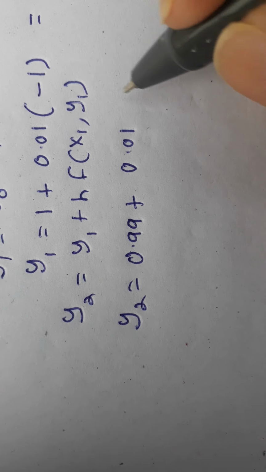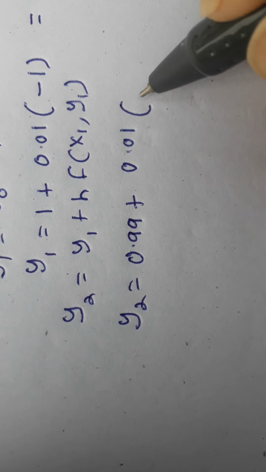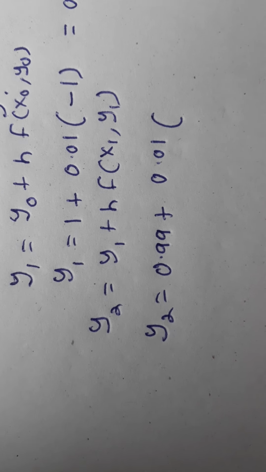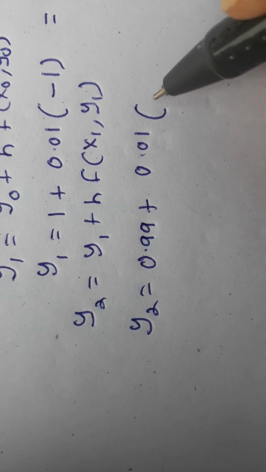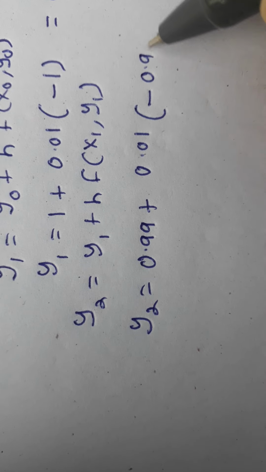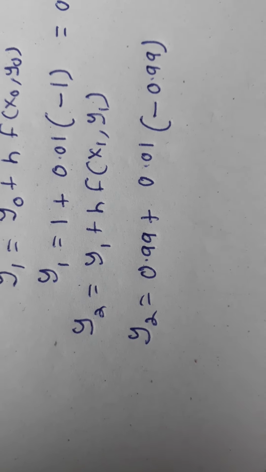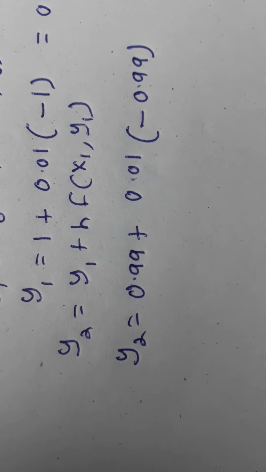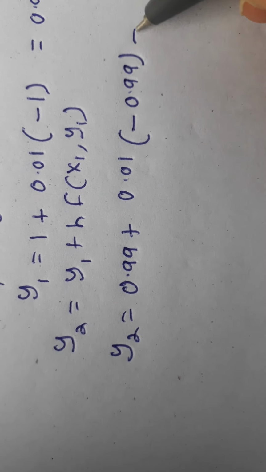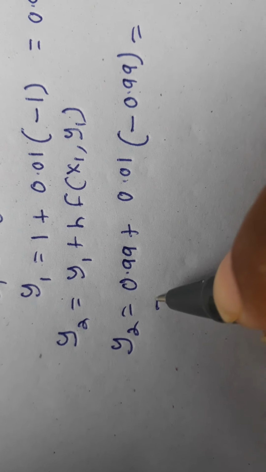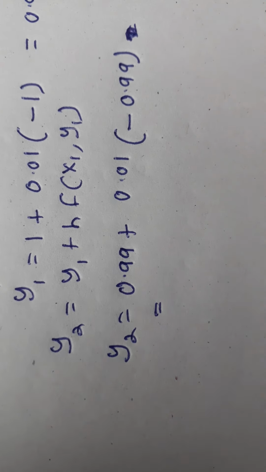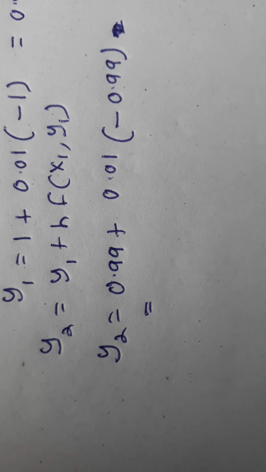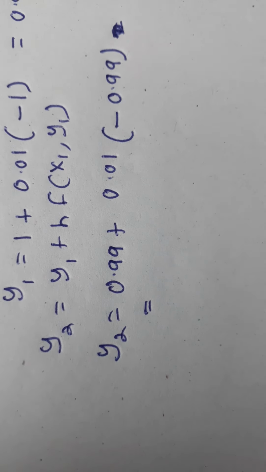Now f of x1, y1 will be only minus y1, because f of x, y equals minus y, so minus of 0.99. There is no relevance of x1 in this problem. The value of this calculation will be 0.9801.